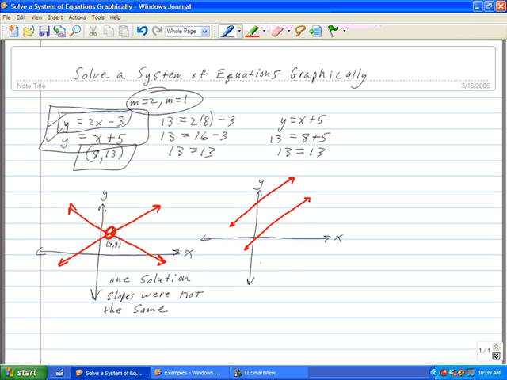So if you have no solution that is caused by parallel lines, then that is because the slopes were the same, but at the same time, notice that parallel lines hit the y-axis in different places. So we can say that the slopes were the same, but the y-intercepts were different.